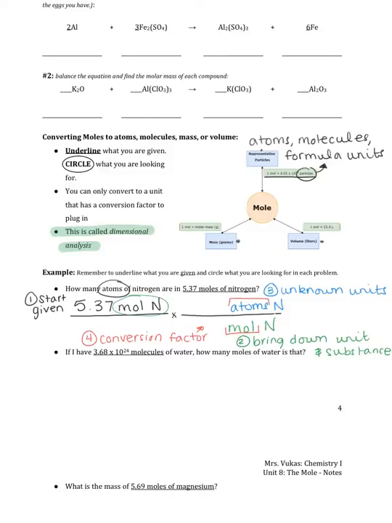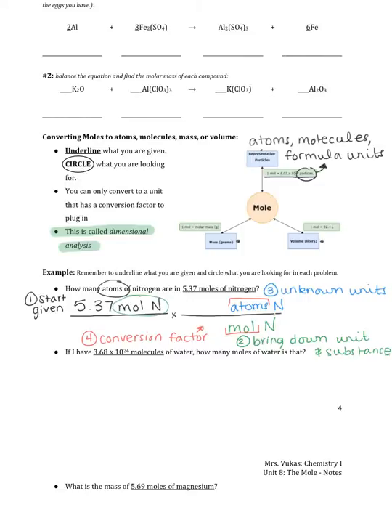A conversion factor is two numbers that relate units together. For example, a common conversion factor is that there are 12 inches in 1 foot. Another conversion factor might be that there are 3 feet in 1 yard.